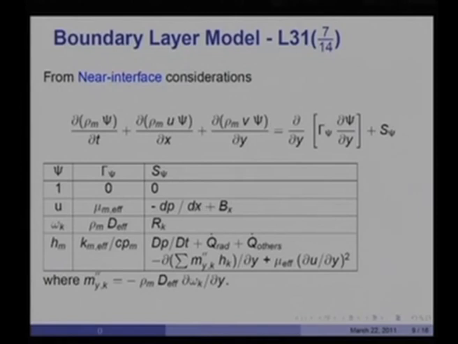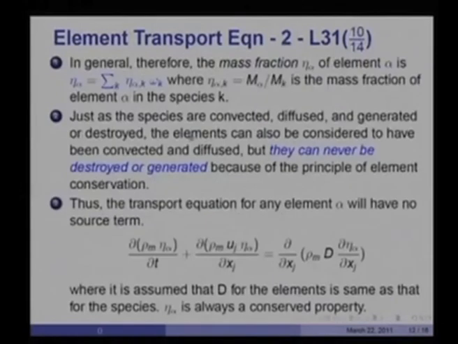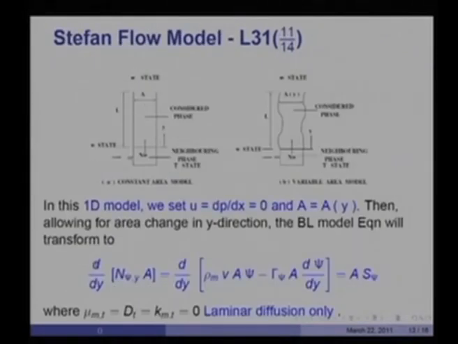So, all these are simply 0, and rho m into V would be the mass transfer flux, and that would be essentially now a one dimensional model, and it will simply say d by dy of n psi y into A, where n psi y is the mass flux at any position y, multiplied by area A. I am allowing for area change here.